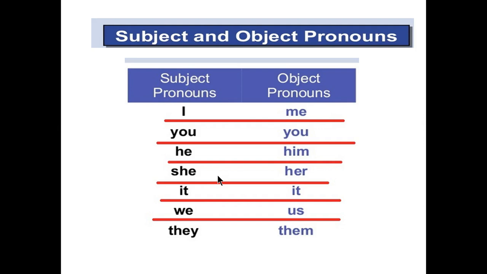But if I say a sentence like, you go to school, now you is a subject pronoun. So you have to see the sentence and get the meaning. Then you will know whether this you is a subject pronoun or object pronoun. And the same parameters we will adopt for understanding subject and object pronoun it. I hope it will be clear to you.